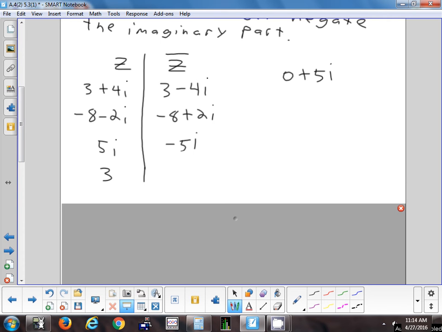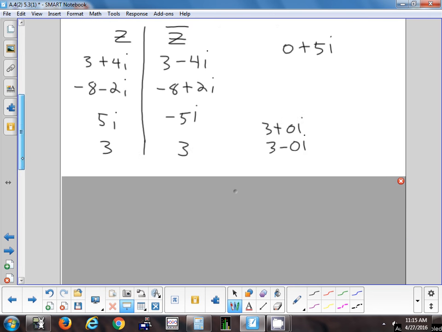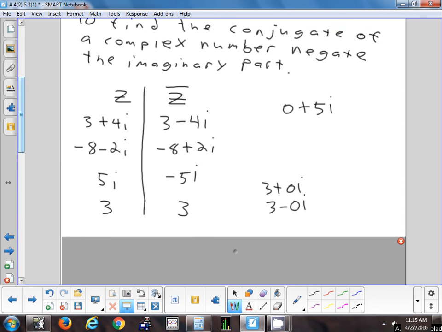How about 3? 3. Okay, if that one seems tricky, think of 3 like this. That's the original. 3 plus 0i, here's the conjugate. 3 minus 0i. Adding 0 or subtracting 0 doesn't make a difference. It stays the same. Okay, any questions on finding a conjugate?